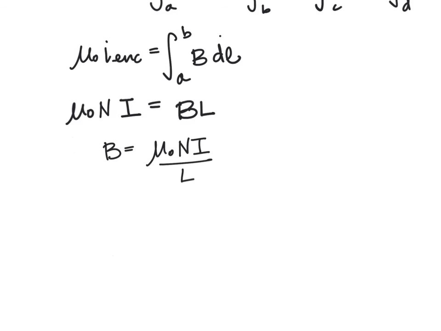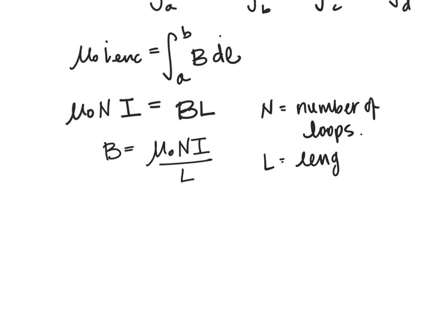So the capital N is the number of loops, and L is the length of that. Now, in order for this magnetic field equation to work, the radius of the coil has to be much, much, much smaller than the length.